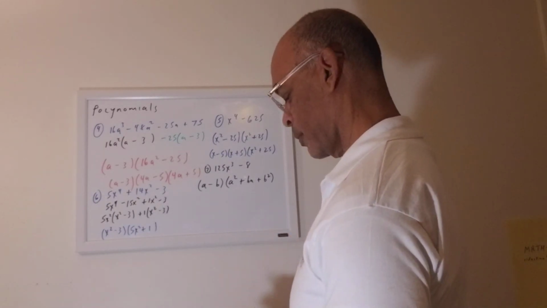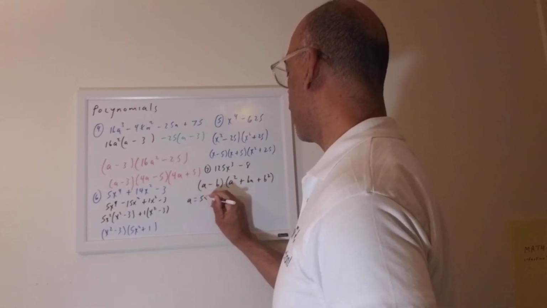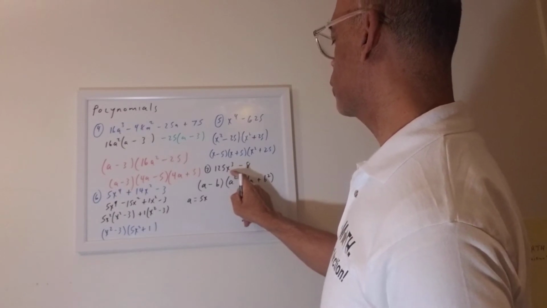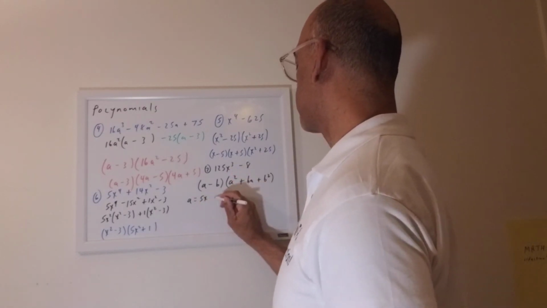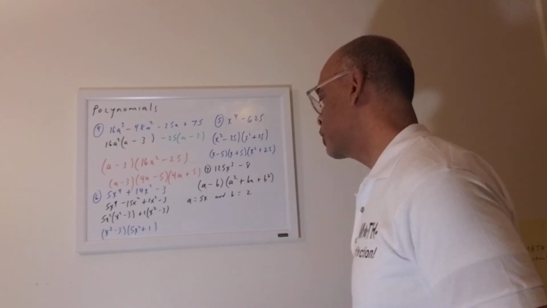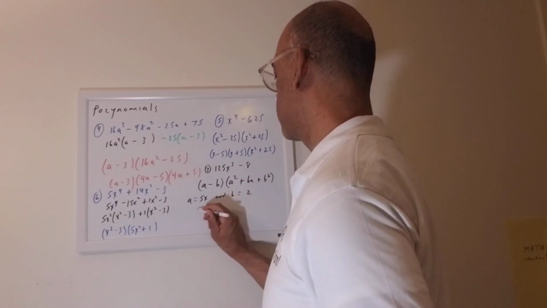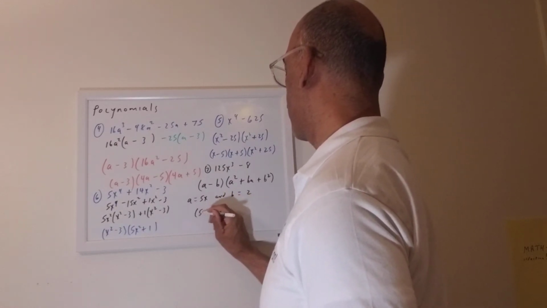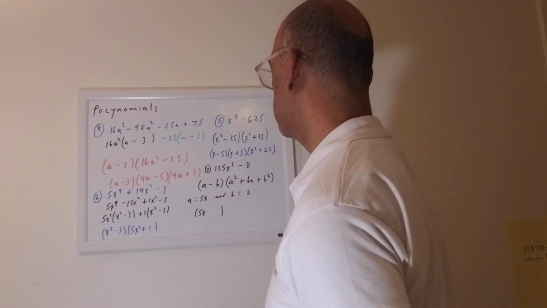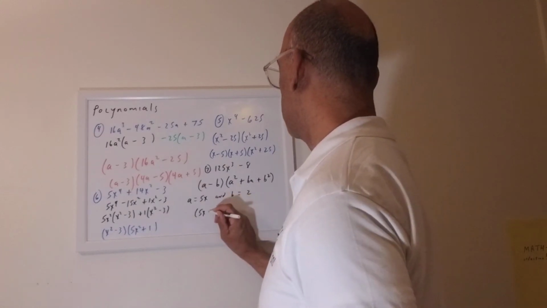We let a equal 5x because that will give us 125x cubed, and we let b equal 2 because 2 cubed is 8. Just fill those in now. 5x, again, 5x cubed is 125x cubed. Cubing times itself, 5x times 5x times 5x, minus 2.